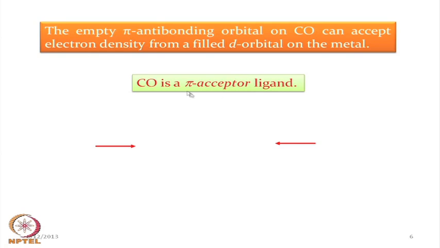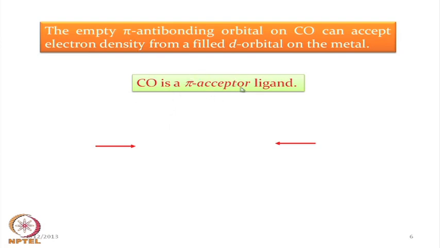So, we know this whenever we write carbon monoxide as a good pi acceptor ligand, but we have to now justify that within the spectrochemical series we have seen that the carbon monoxide molecule is the strongest possible ligand within that known series of say 12 or 15 or 20 ligands we have arranged so far.